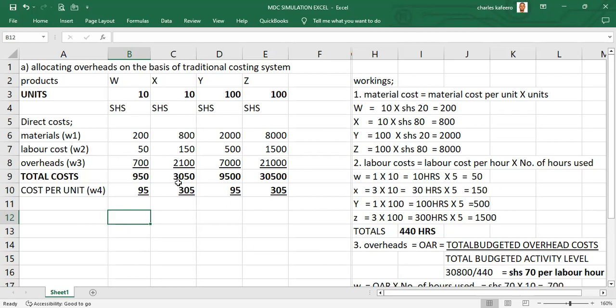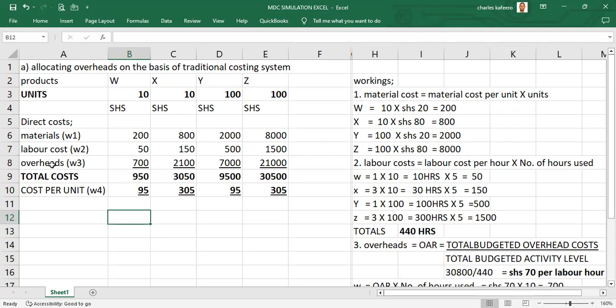The only thing that is going to change is this overhead, because with the ABC system, we go by each activity level, looking at the absorption of those overheads using a suitable cost driver. So for this case, we are going to be using a cost driver.